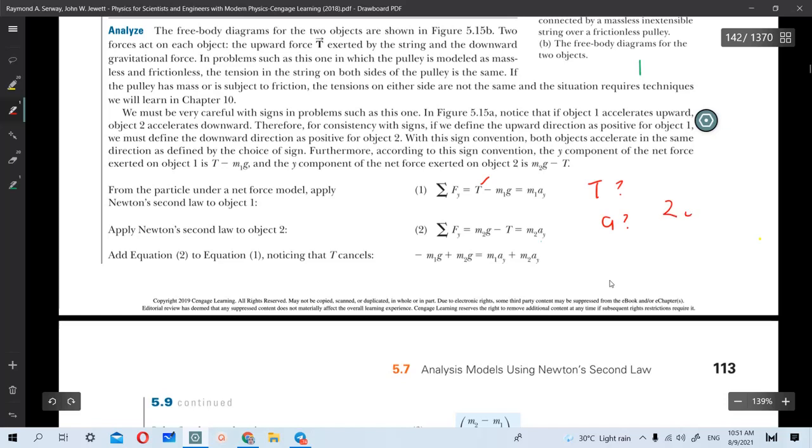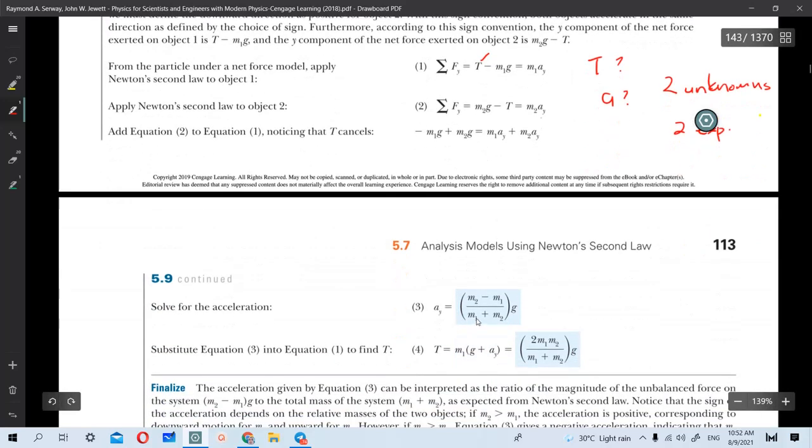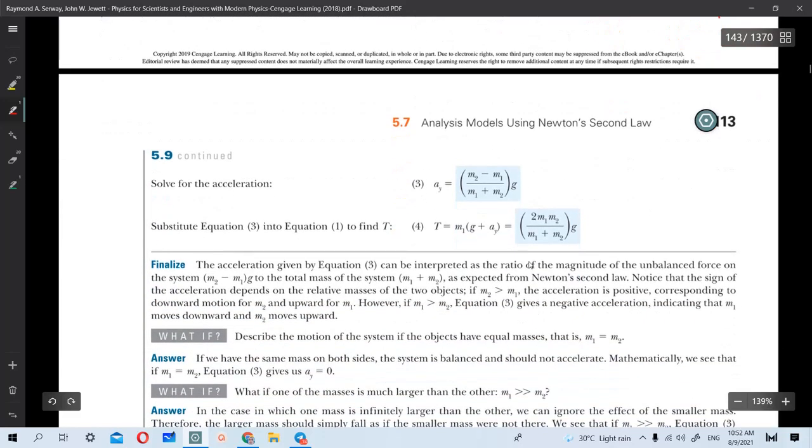So two unknowns and therefore two equations to be solved simultaneously. They put here a simplified version. Can I choose not to remember? Yes, you can choose to remember, or you can choose just going by the concept. Both techniques are okay.